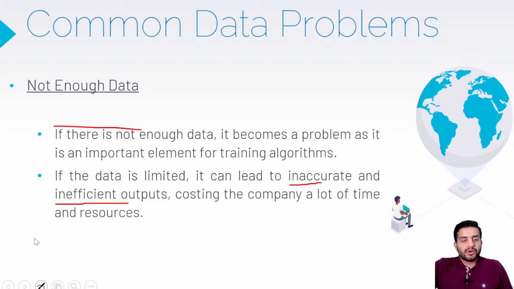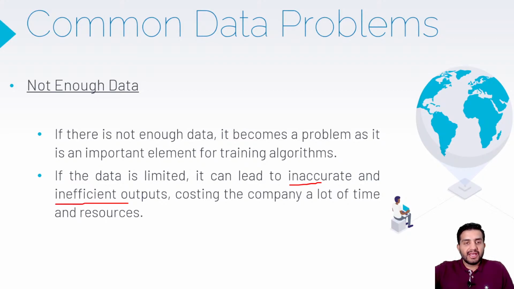So the moment I look at the problem statement, the moment I start looking at the data, and the data itself is limited and I'm trying to work around that, it is going to cost the company a lot, because ultimately you're still trying to solve the problem with the limited information you have, which eventually might not result in the true information which is expected.